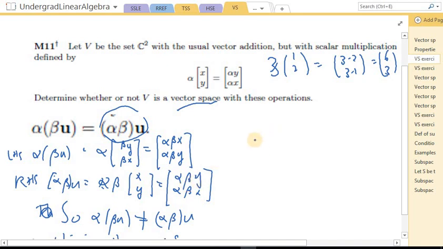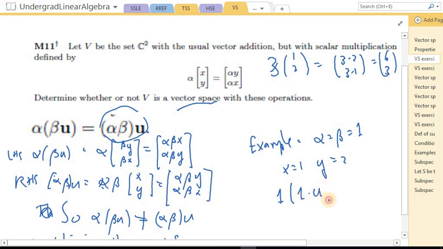It would be good to give an example. You could say, for instance, very simple example, you could say alpha equals beta equals 1, and then you could say x equals 1, y equals 2. So in this case, if we have 1 times 1 times u, that's going to be equal to, according to this, 1 times 2, and 1 times 1.